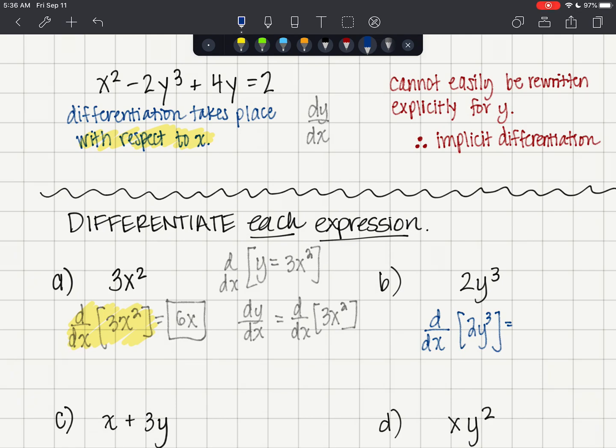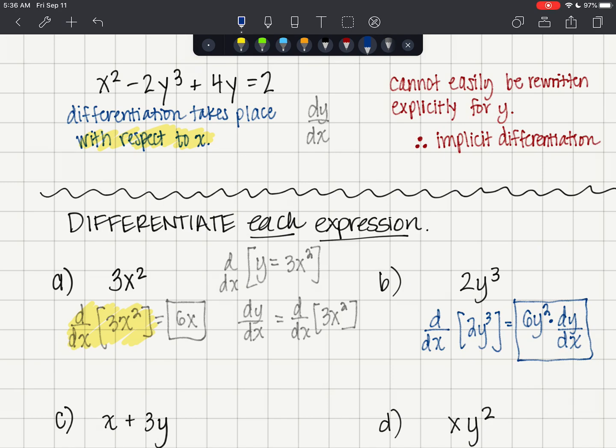So the derivative of 2y cubed is 6y squared, and then we're going to take the derivative of that y with respect to x. And there we go. So we've got our 6y squared times dy/dx.